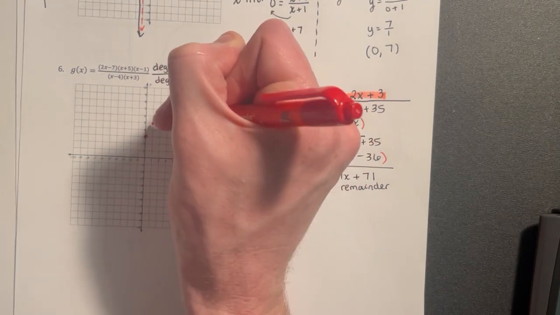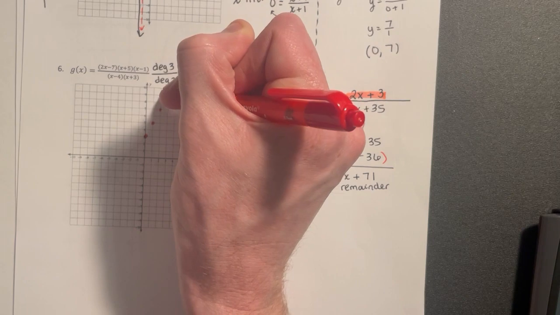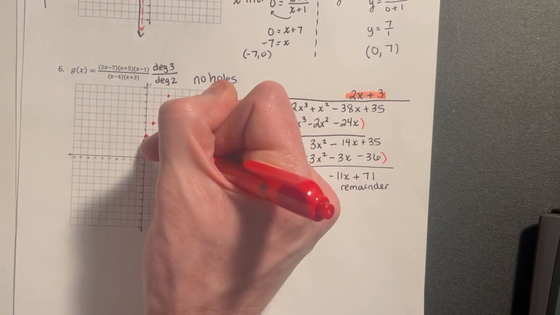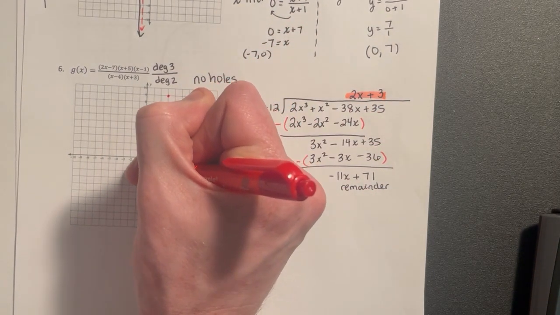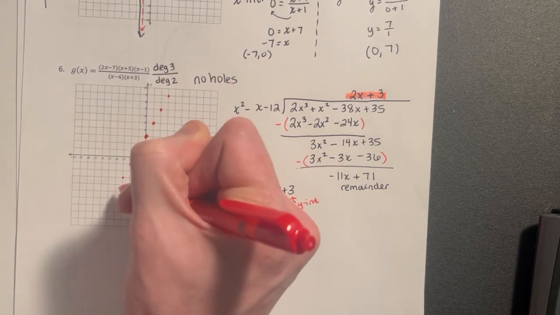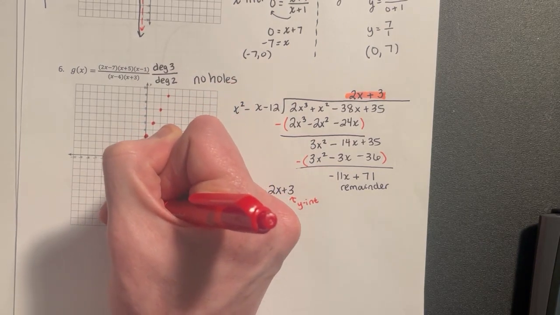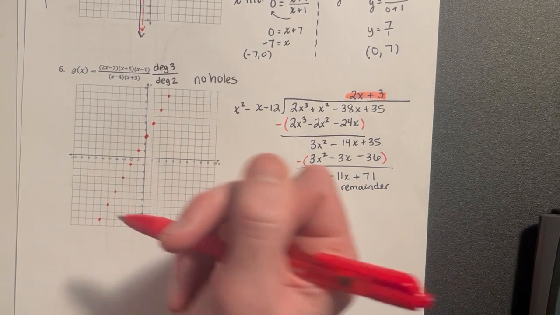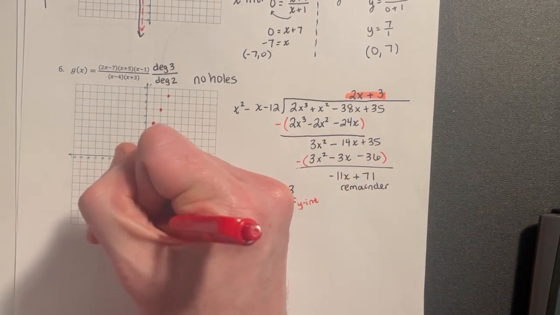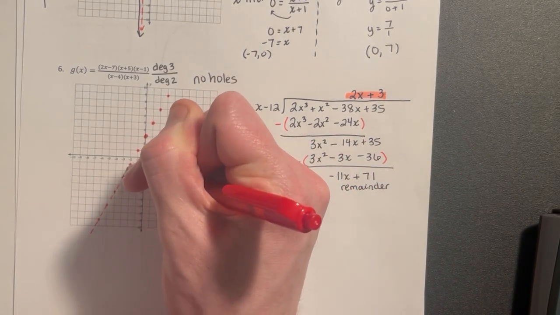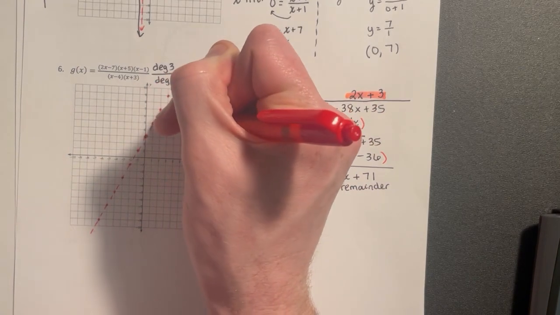It's rise over run. We can go down to the left 1 to find more points. The more points you plot, the easier your graph is going to be, or more accurate at least. But this is an asymptote, so I'm going to do a little dashed or dotted line here.